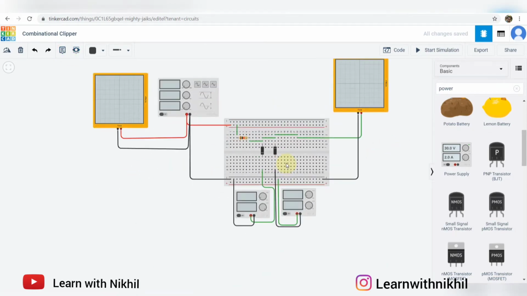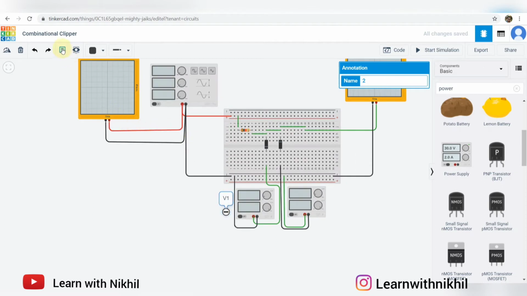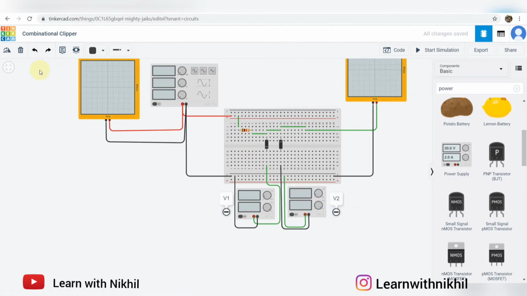I'll just mark this. I'll mark this voltage as V1. I'll mark this voltage as V2. This will be the input supply, so I'll mark it as Vin.